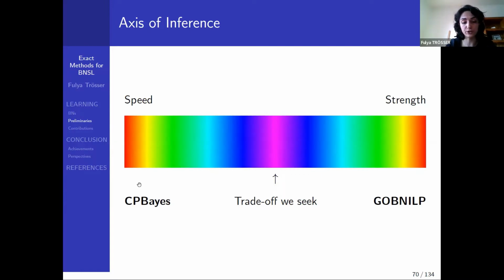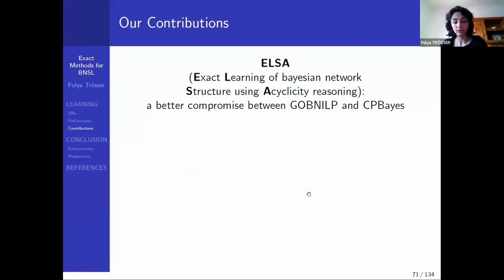So our main purpose is to achieve a good trade-off between these two extremes in order to improve the state-of-the-art for BNSL. So we implemented a solver that we call ELSA, and it is based on CP-Bayes, the source code, I mean.